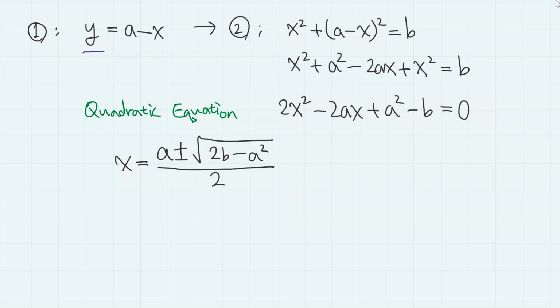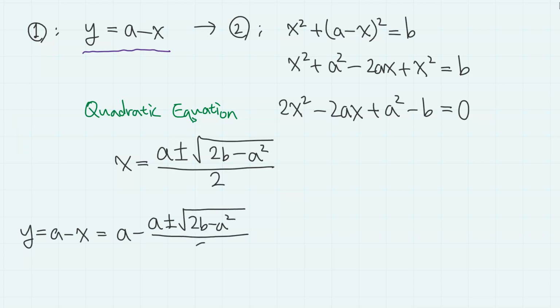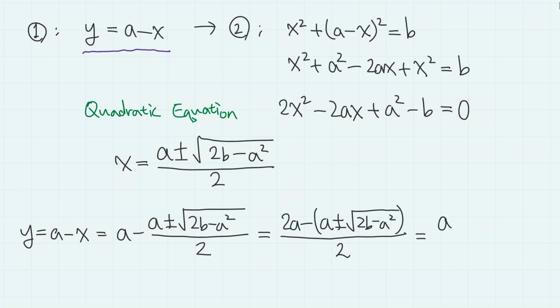Here we can find y by the previously obtained y equals a minus x from the first equation. So y equals a minus x, so a minus this, which is 2a minus a plus minus square root of 2b minus a squared over 2, which gives a minus plus square root of 2b minus a squared over 2.